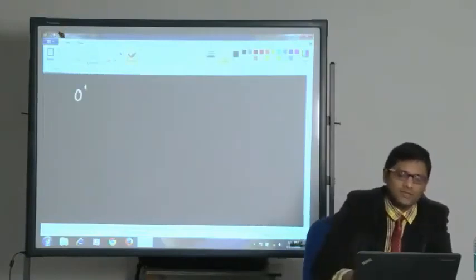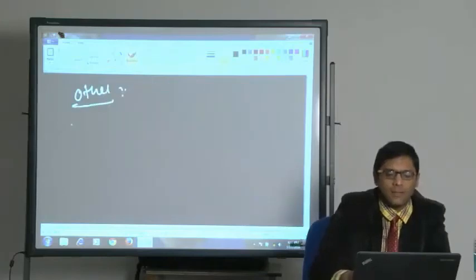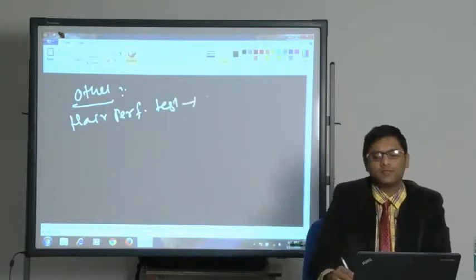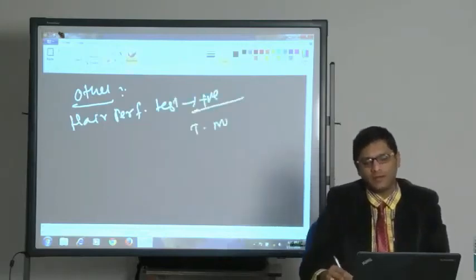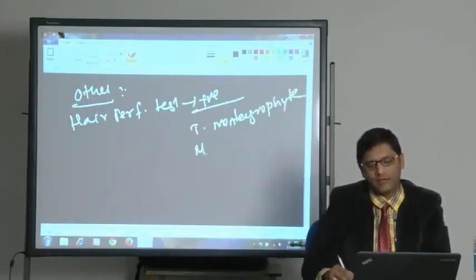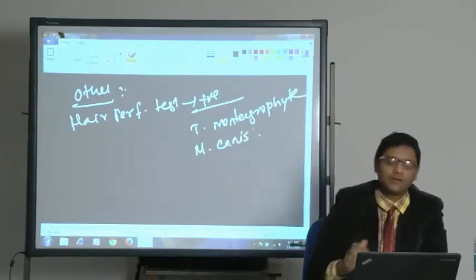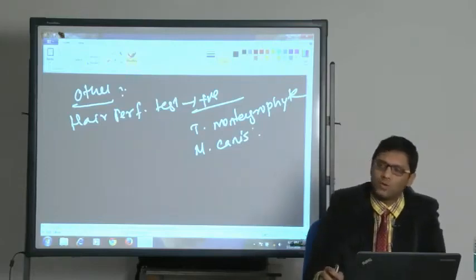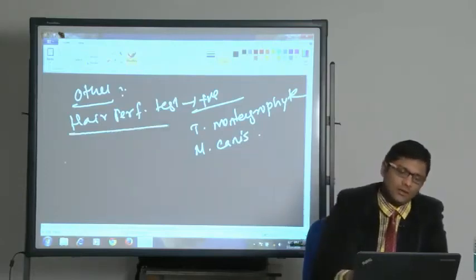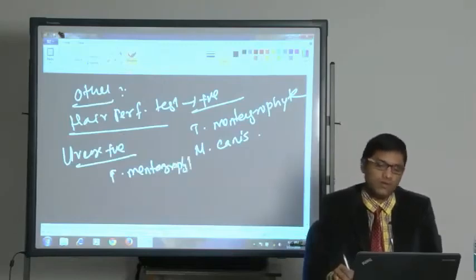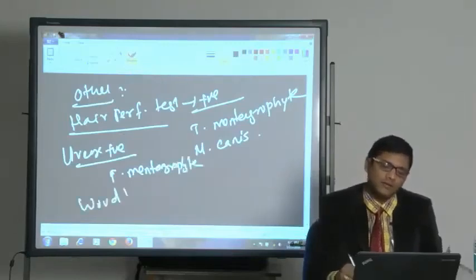Other laboratory diagnosis features: hair perforation test is positive for Trichophyton mentagrophytes and Microsporum canis. Similarly, urease is positive, again Trichophyton mentagrophytes. Wood's lamp examination can be done.